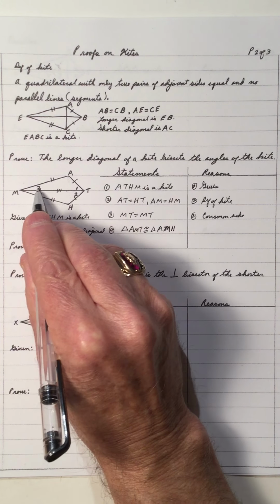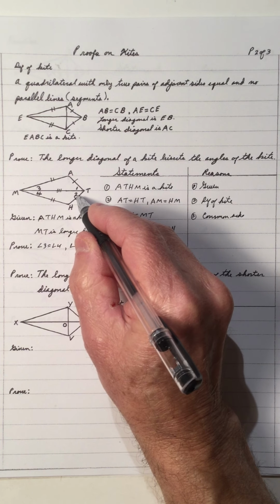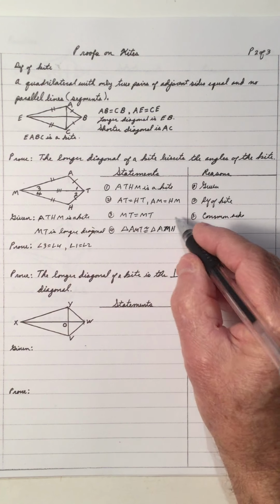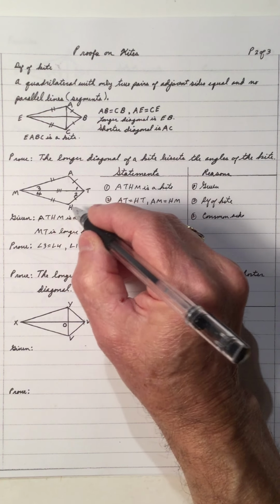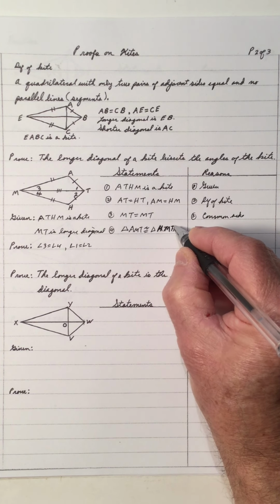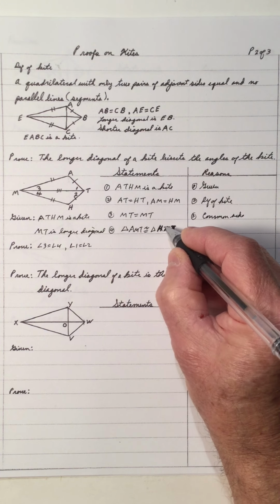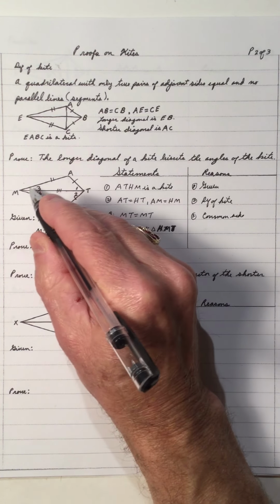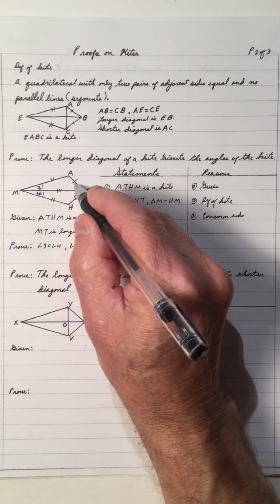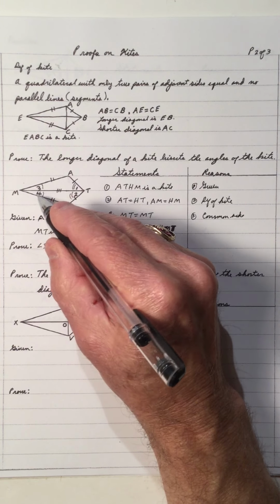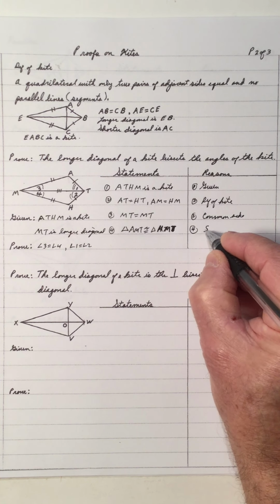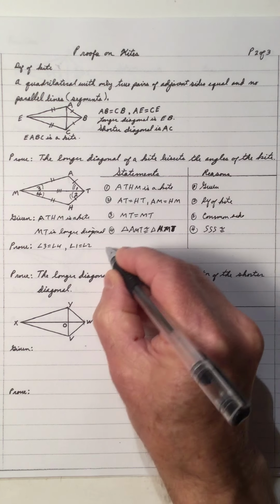A goes with A, M goes with M, and T goes with T. So AMT is HMT. I almost did that one wrong. So AMT is HMT, because 3 goes with 4 and 1 goes with 2. So M has to go with M and T has to go with T. So that's correct. So that's an SAS congruency.